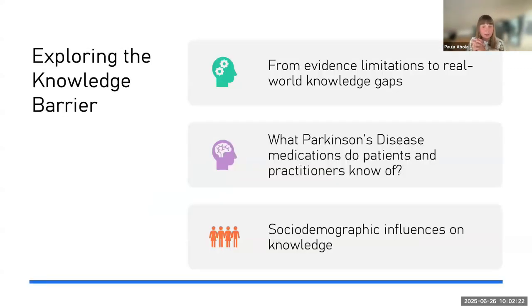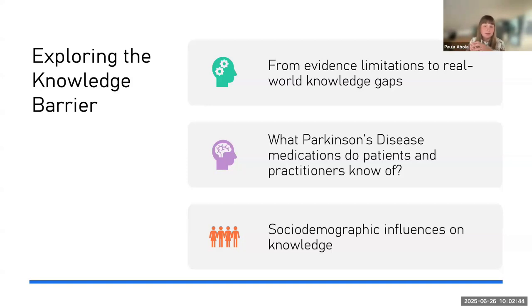And building on this realization of the knowledge gap, I started drafting ideas for my study. So if we don't have clinical trial data, or if it's not accessible and results are underreported, then maybe patients and practitioners simply don't know what options are out there in the market for Parkinson's disease.